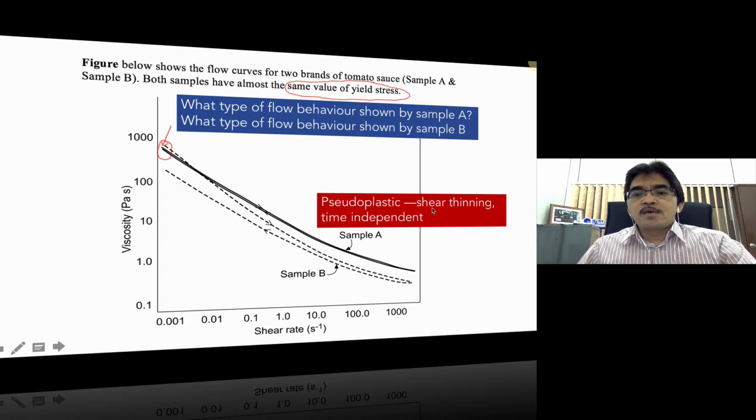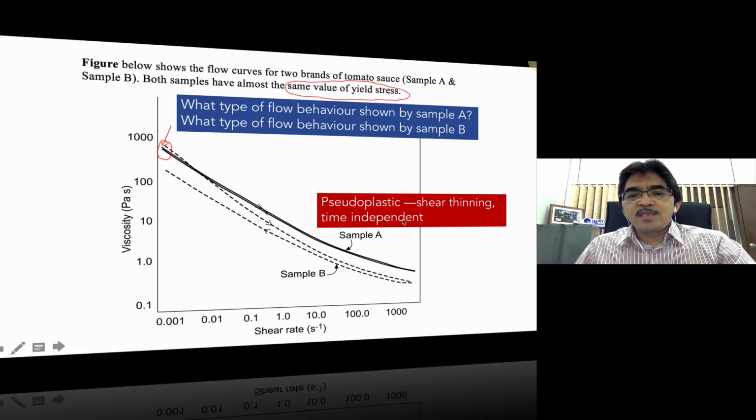Time independent means that the viscosity at any constant shear rate, if you stir the sample at a fixed shear rate as a function of time, will remain constant. That is time independent.